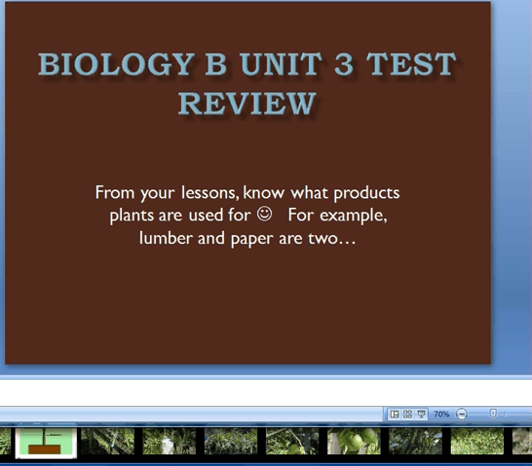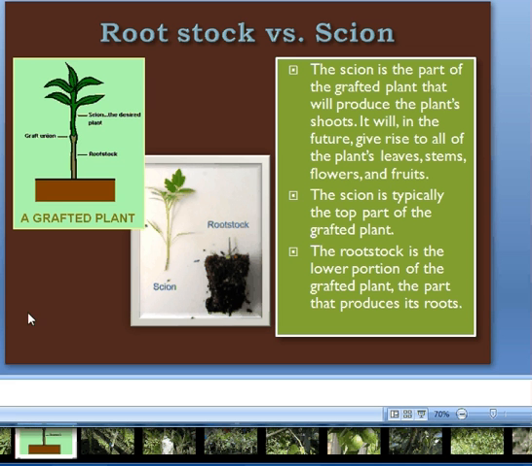Another thing you're going to see on your exam is they talk about grafting. Now, you've probably heard of grafting, where you take one part of a plant and you graft it onto the bottom part of another plant, and you enable that plant to grow. And they have particular names for the parts that are involved in the grafting.